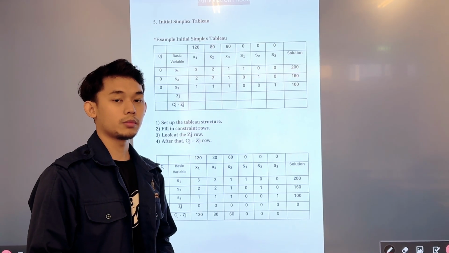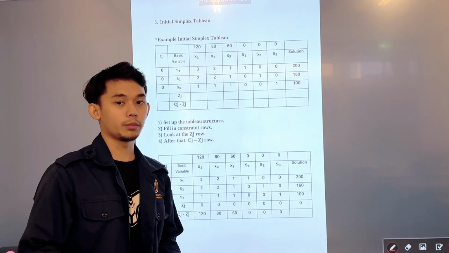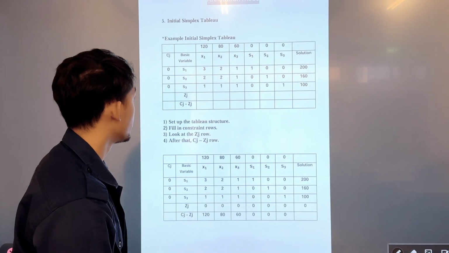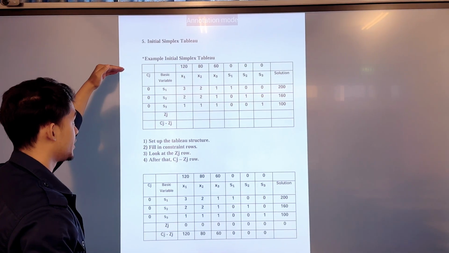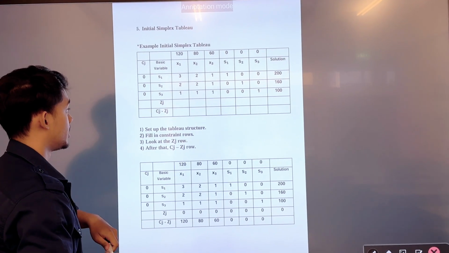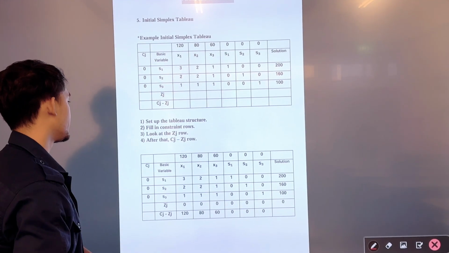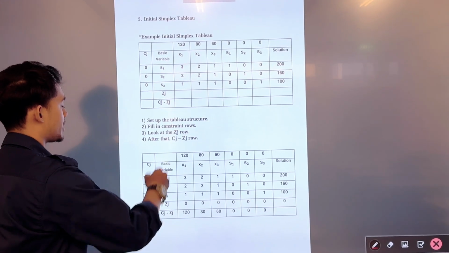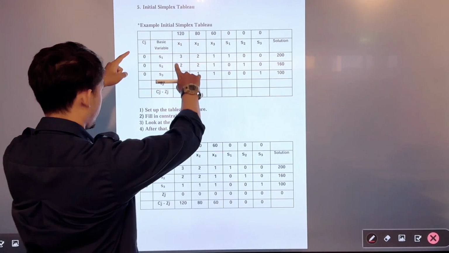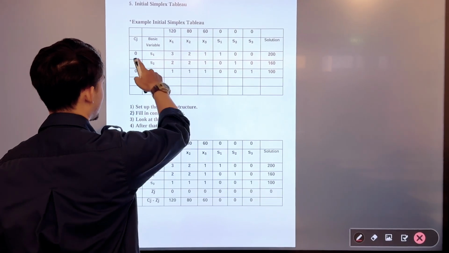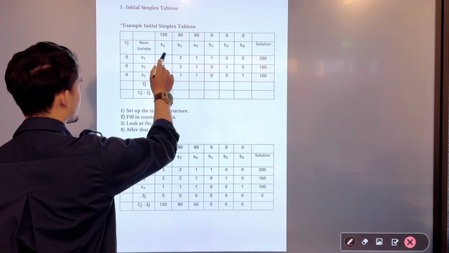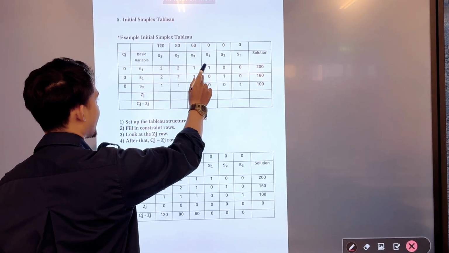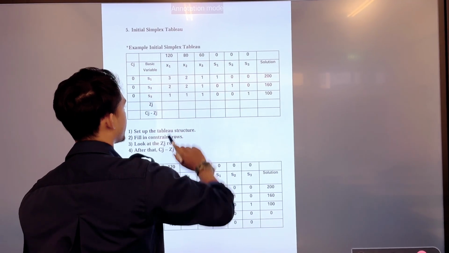Okay, Assalamualaikum warahmatullahi wabarakatuh. My name is Danial. I will continue with number 5, the initial simplex table. This is the example of the initial simplex table. Okay, step number 1 is to set up the table structure. The structure is the CJ, basic variable, X1, X2, X3, S1, S2 and S3.